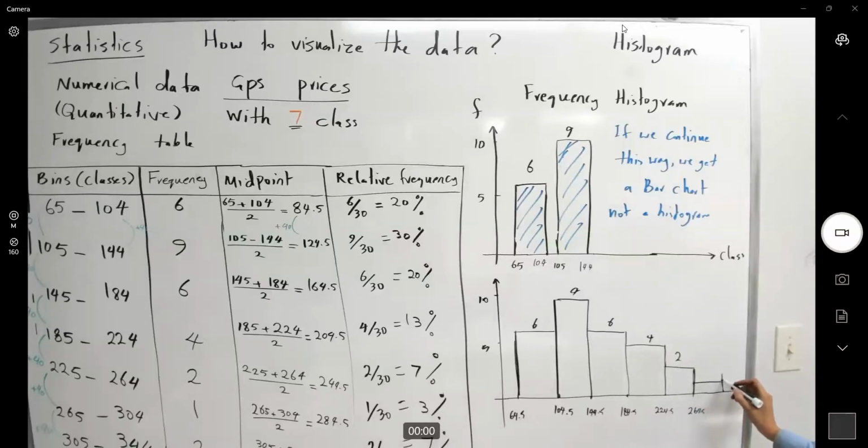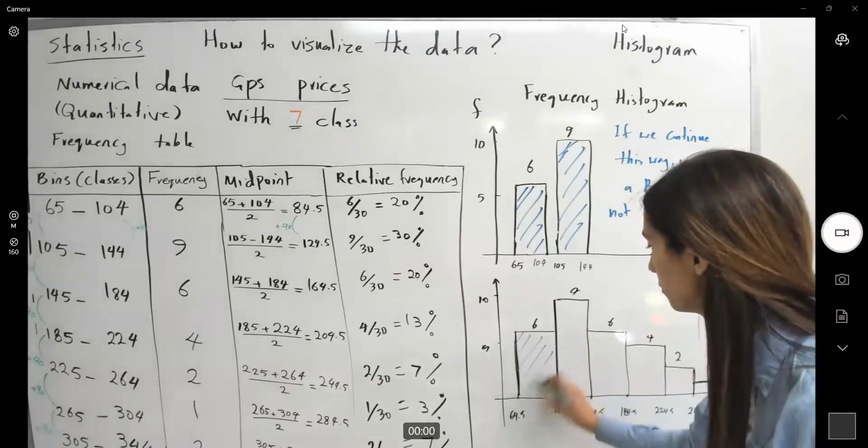Need to move this a little bit up to get this guy here. At the end, 304.5, and so on. Okay, so you have your histogram.